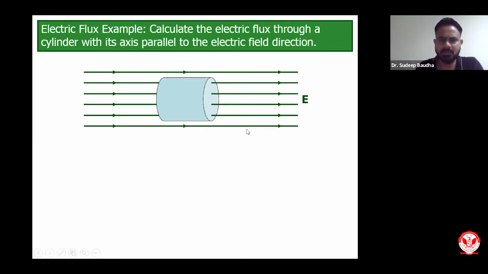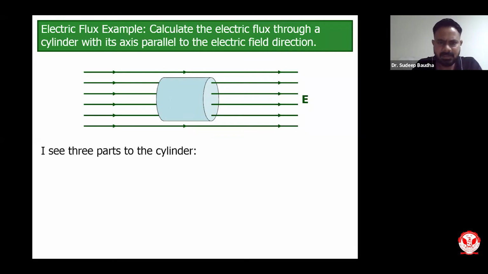Let us consider the geometry: I have a cylinder, the electric field is in this direction, parallel to the axis of the cylinder. We are about to calculate the electric flux which will pass through the cylinder.